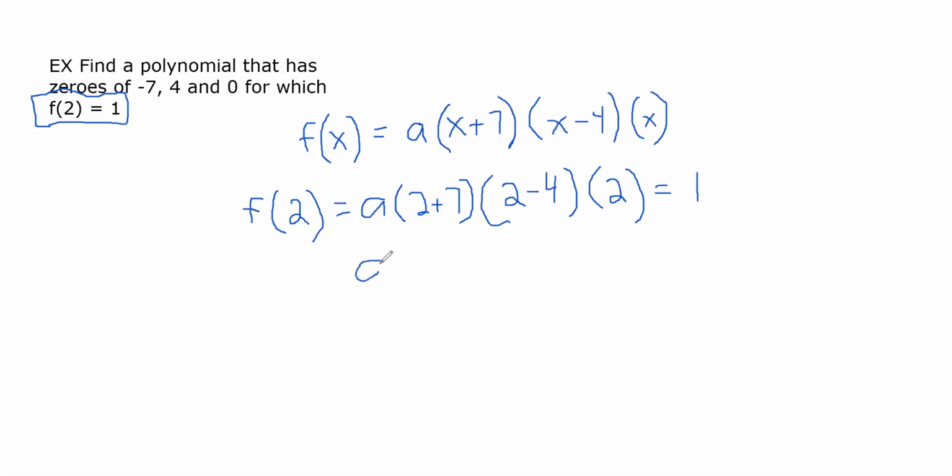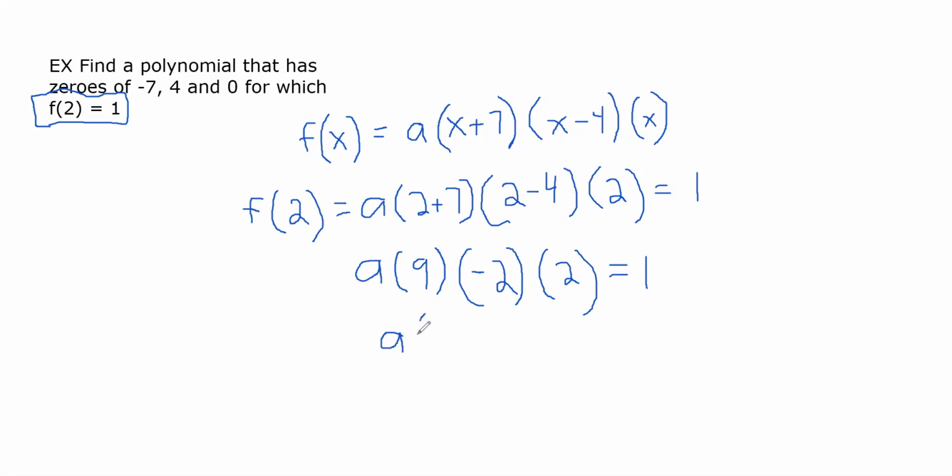So let's do the arithmetic. A, 2 plus 7 is 9. 2 minus 4 is -2. Times 2 over there needs to equal 1. A is the constant we don't know, so we need to just multiply these numbers. 9 times -2 is -18. Times +2 will give you -36.